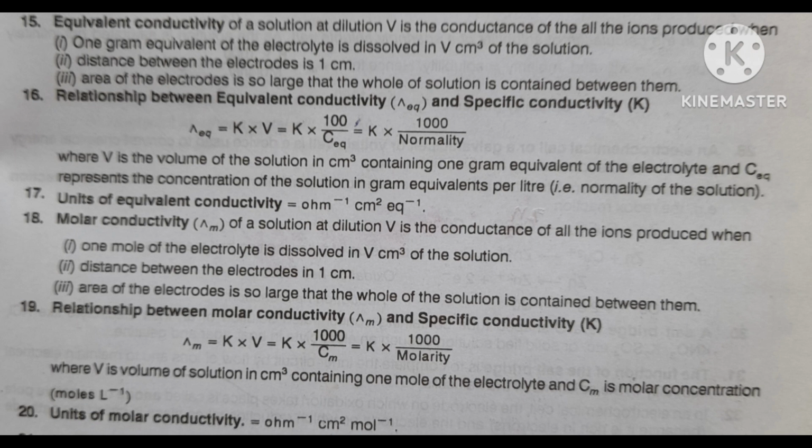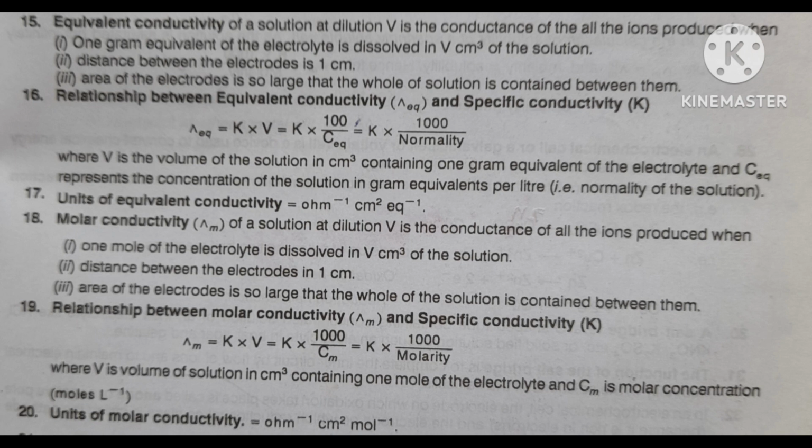In a conductivity cell, you know a cell always means electrodes will be there, one anode, one cathode, and electrolytic solution, and both electrodes will be joined through an ammeter or voltmeter. This arrangement is called a cell. Because you are using this cell for measuring conductance, it is called a conductivity cell.